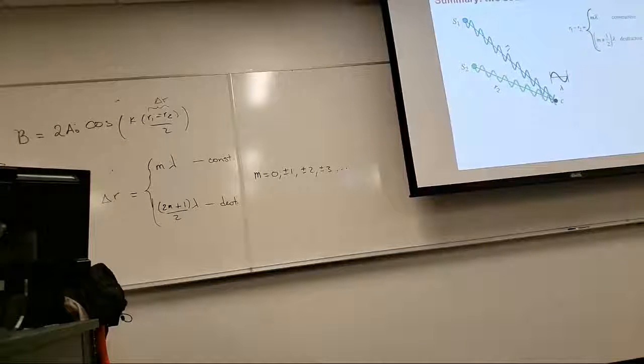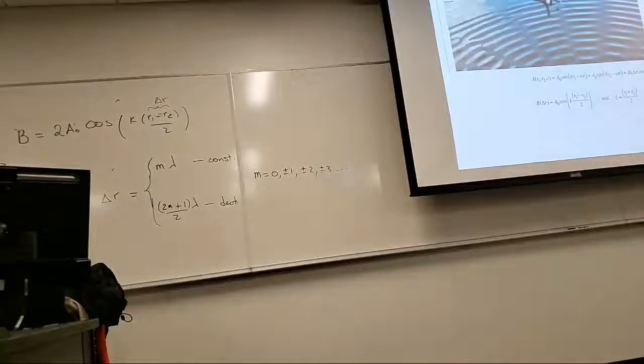Now we have light. B is the amplitude that now corresponds to, well, we have to go back here. By the way, I have a typo, there's a 2 there.